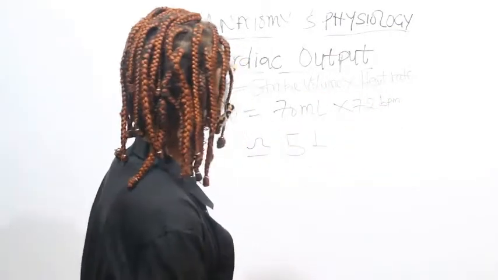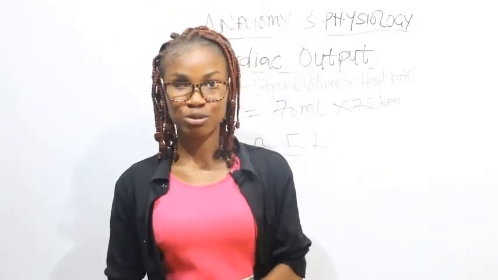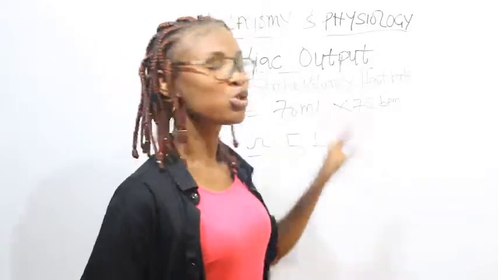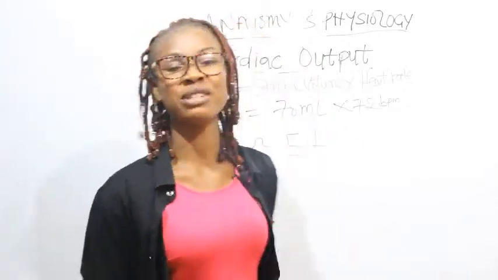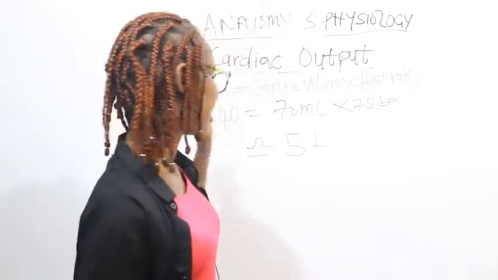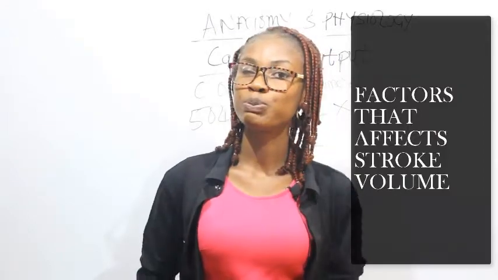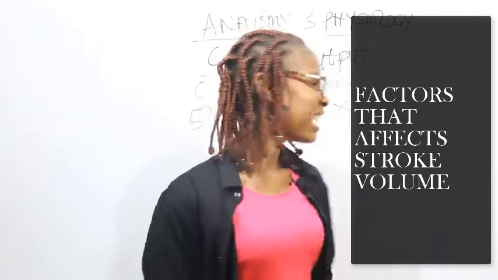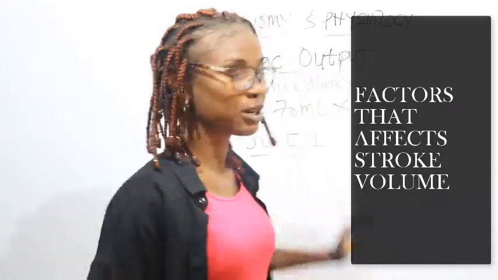So now, what are the factors that affect cardiac output? If you would agree with me, anything that affects the stroke volume will affect the cardiac output. Anything that affects the heart rate will affect the cardiac output. So, let's look at factors that affect stroke volume and factors that affect heart rate, as they would affect the cardiac output.